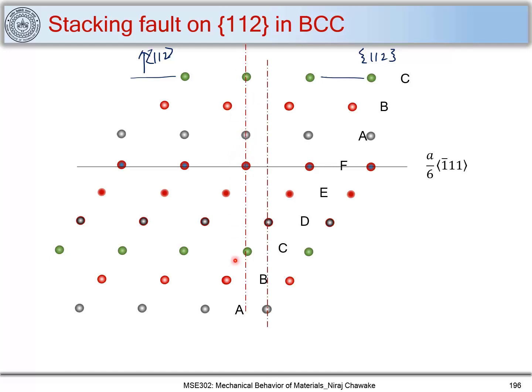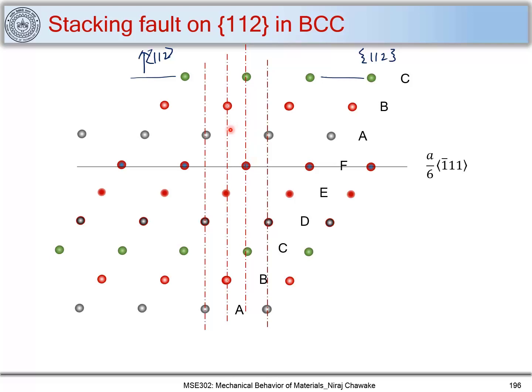So these are falling over each other, and let's move it by another A by 6 111 magnitude, and you can see again it falls on this layer, and thus the energy configuration will be very high. And let's move by another A by 6 111. So you have this configuration which reaches over here, and this regains this A position.